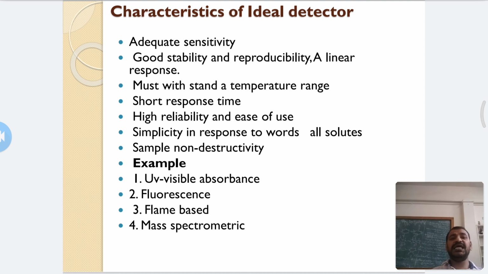There are different types of detectors used in supercritical fluid chromatography, such as UV visible absorbance, fluorescence, flame based, and fourth is the mass spectrometric detector.